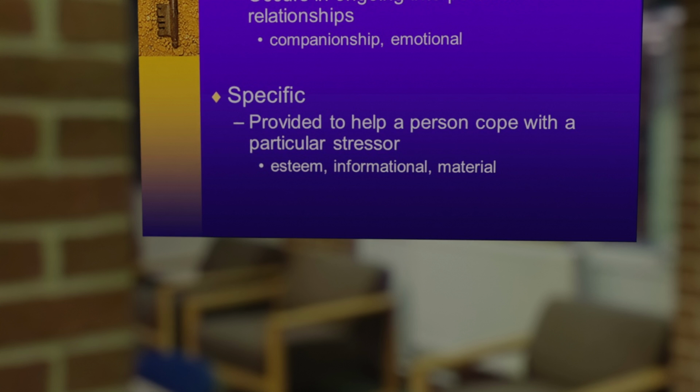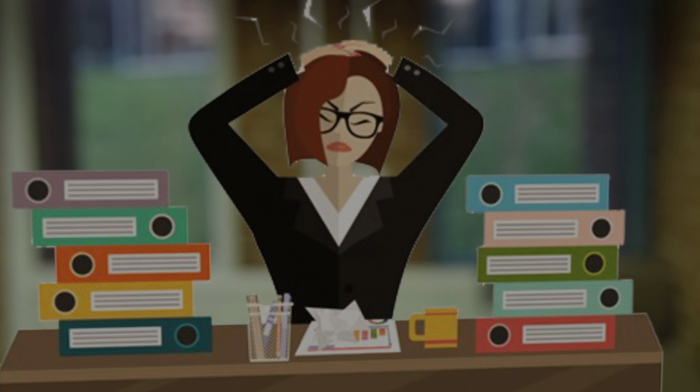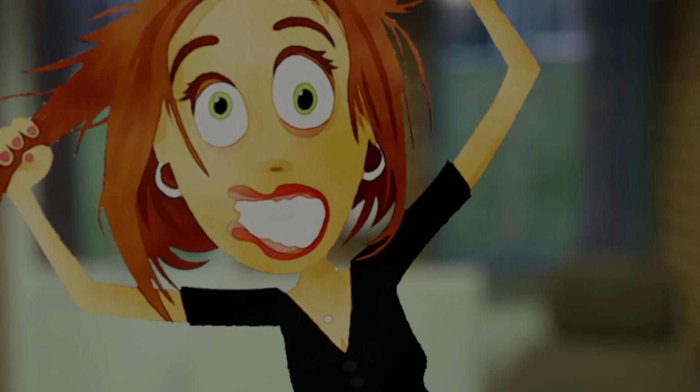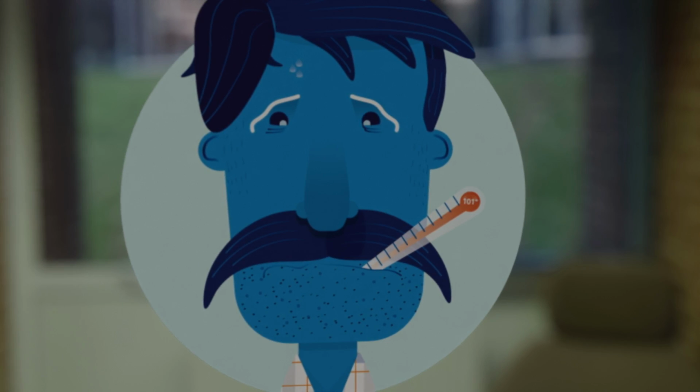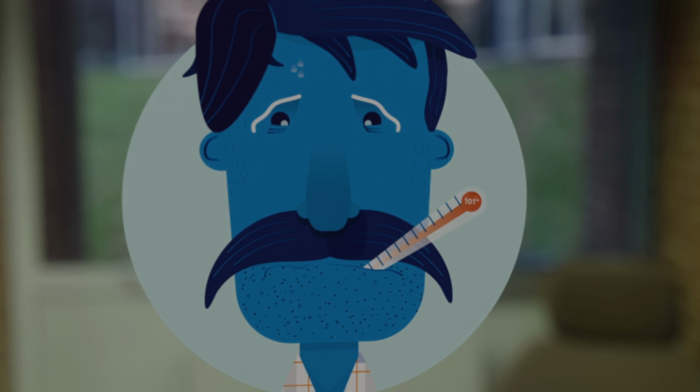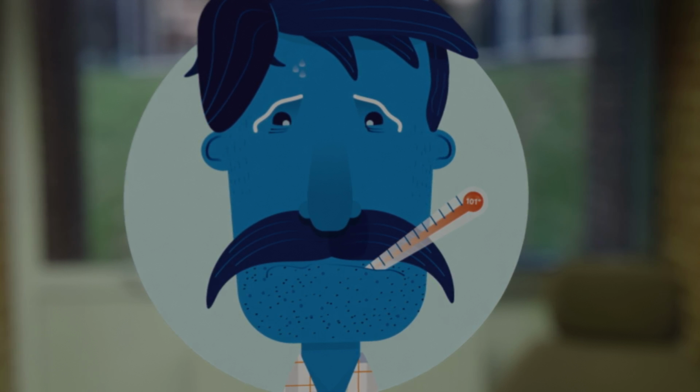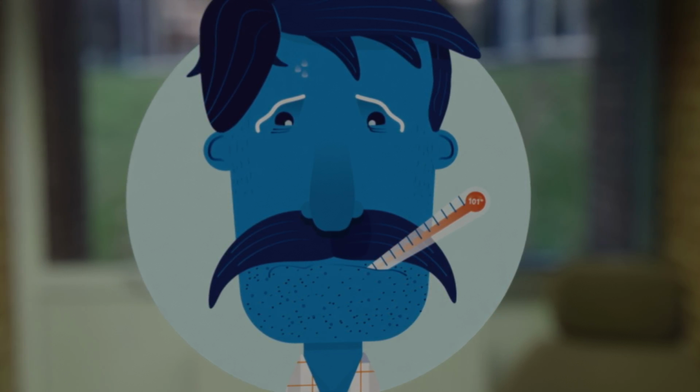I'll give you some examples of specific times we need specific types of support. So when we're under chronic work stress, esteem support is a priority. When we're under financial stress, material support is a priority. When we're experiencing an illness, we often most need emotional support, but I'd probably add to that informational support, particularly now that medical doctors are beginning to lose a bit of their legitimate and competent authority over us.